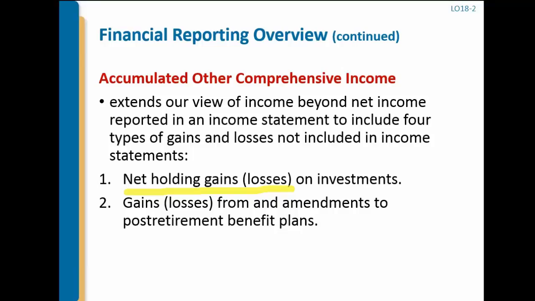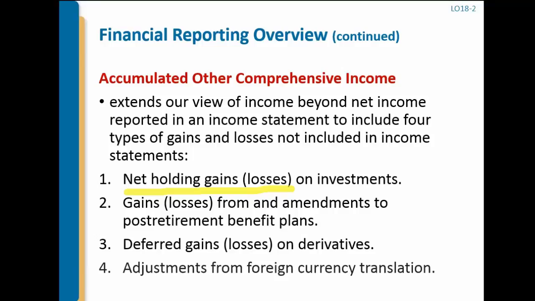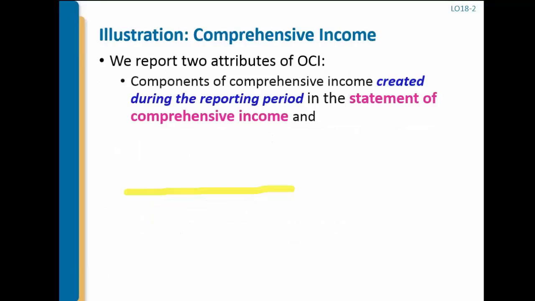But again, while it is not allocated over to the expense side, that remains here in other comprehensive income. The next piece of this is gains and losses on derivatives and adjustments for foreign currency.